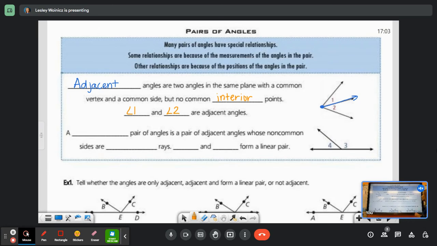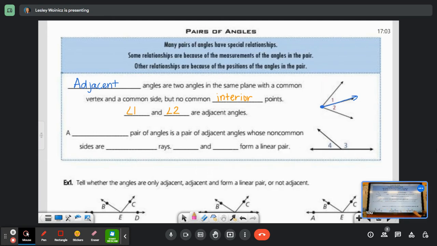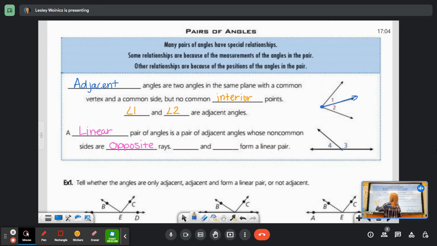The next pair that we need to talk about is a linear pair. A linear pair of angles is a pair of adjacent angles whose non-common sides are opposite rays. Let's look at this. They have a common vertex and they have a common side.